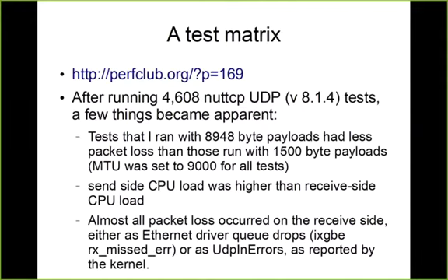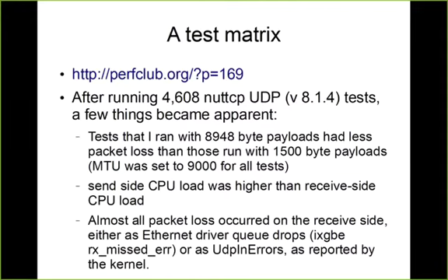I did 4,608 UDP tests with NUTTCP 8.1.4. The tests that I ran with 8,948 byte payloads had less packet loss than those running with 1,500 byte payloads. MTU was set to 9,000 for all tests. I just varied the UDP packet length with the controls in NUTTCP.